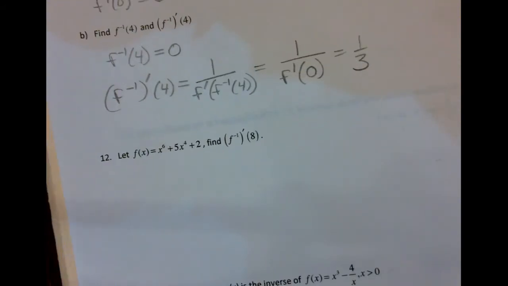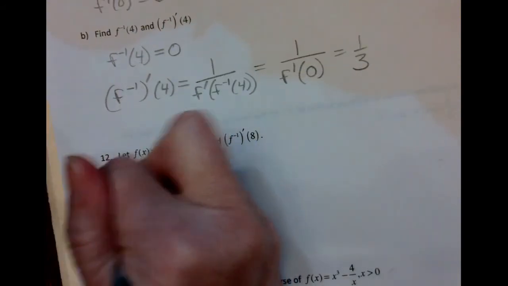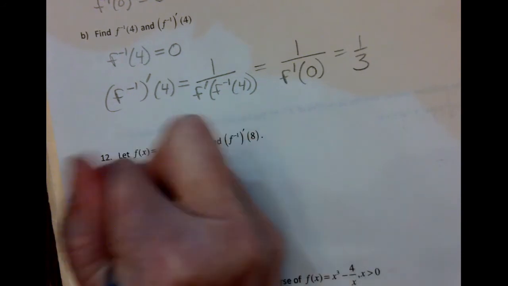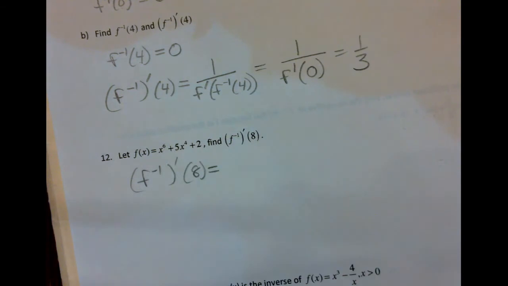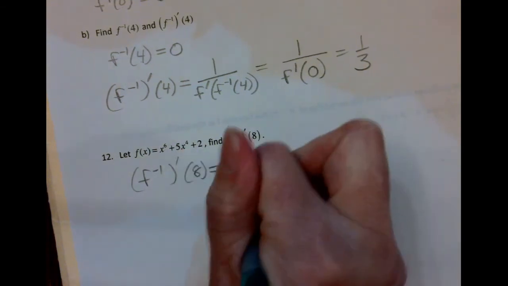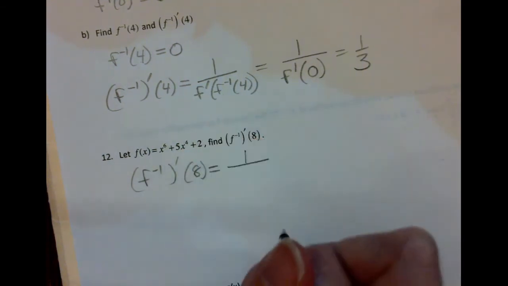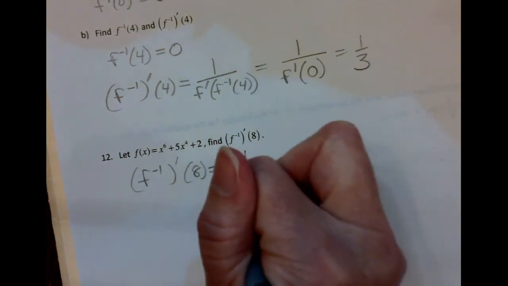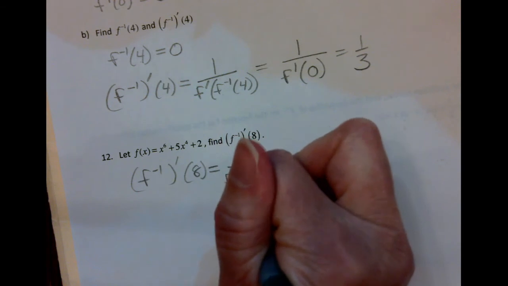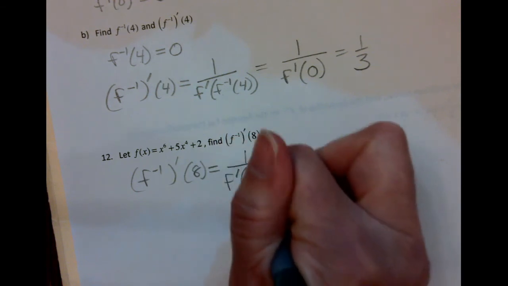F inverse's derivative at 8. So to find the inverse's derivative at 8, remember, flip, create a fraction, 1 over, flip back to the original's derivative of, flip back to the inverse at 8.